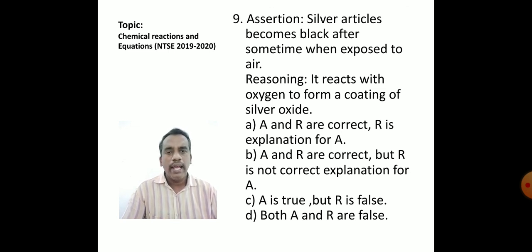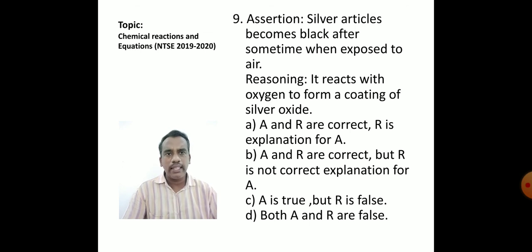Does the silver get coated with oxide or sulfide? Yes, during corrosion the silver articles become black because they are coated by sulfide, reacting with atmospheric sulfur.